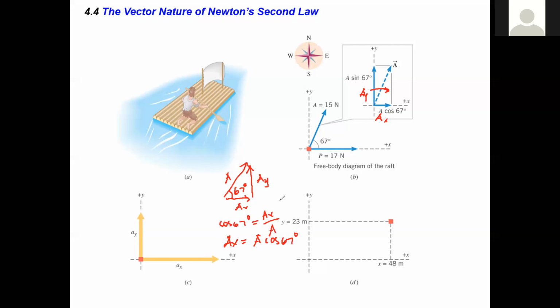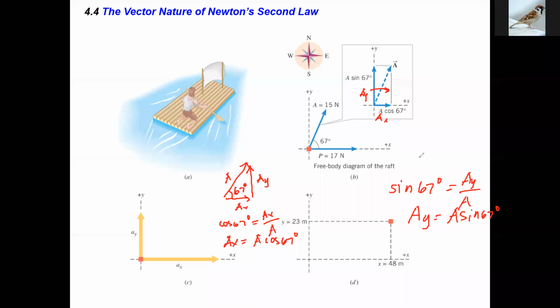So in this case, cosine 67 is AX over A, and AY is opposite, so sine 67 degrees is equal to AY over A. If you have to solve for AY, you have A times sine 67 degrees.